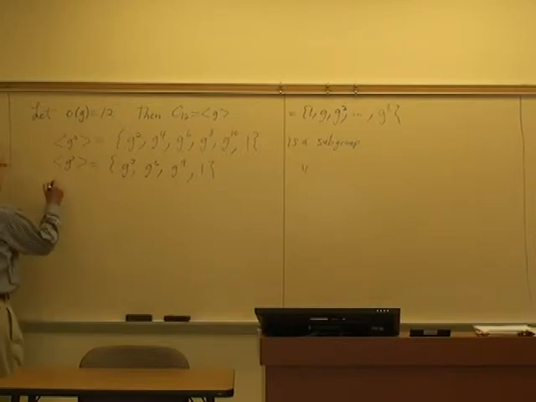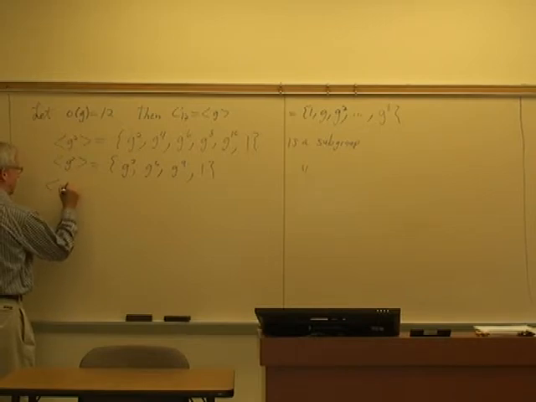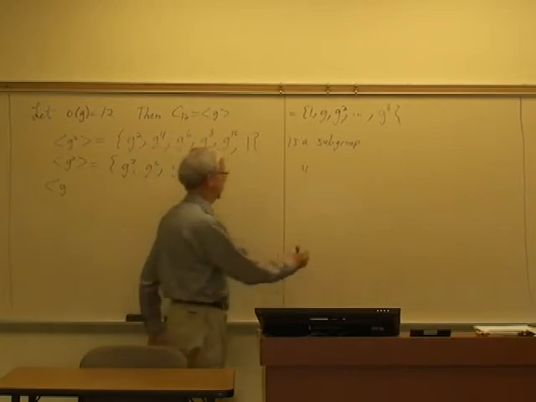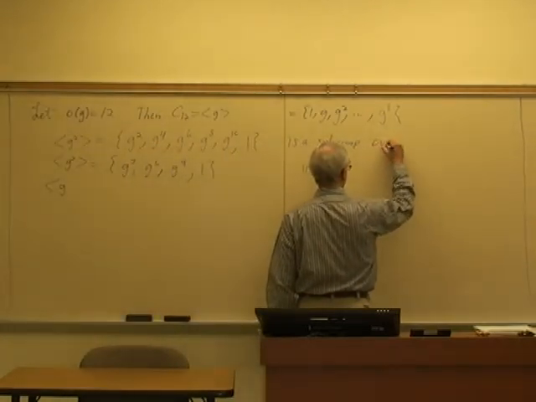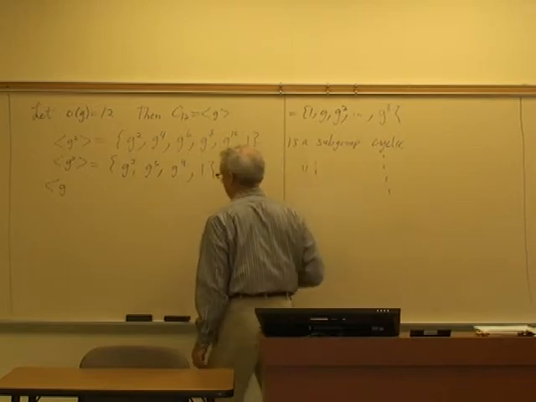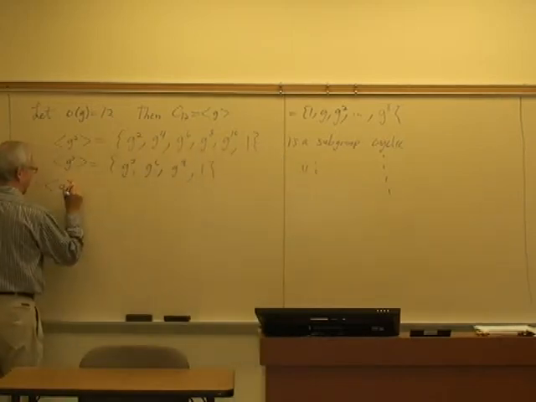Well, this is working pretty well. Let's see what I can get if I generate with G to the 4th. And by the way, since these groups are generated by a single element, right? G squared is a single element. These are all cyclic as well. So G4, we just keep going up the ladder.